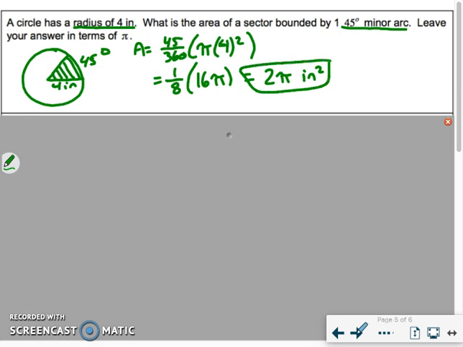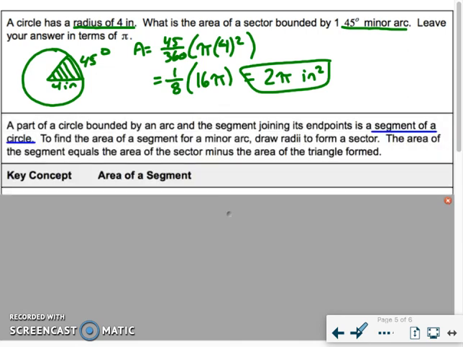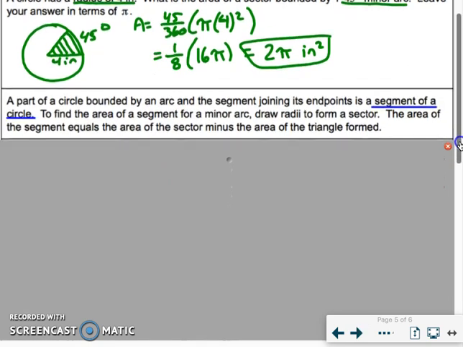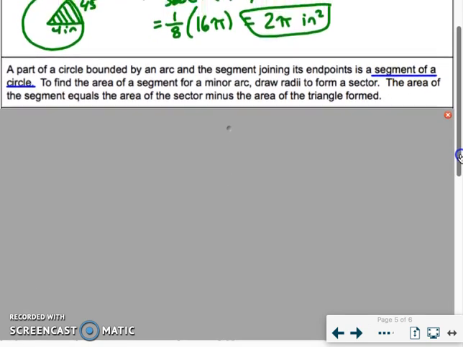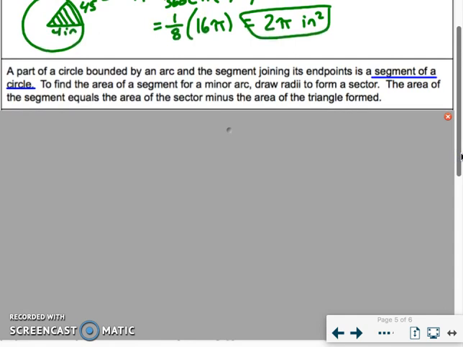We have to try even one more thing. That's going to be finding the area of a segment. So we have sectors and segments, and we have to know the difference between them. A segment of a circle is a part of a circle bounded by an arc and the segment joining its endpoints. That's kind of hard to visualize.